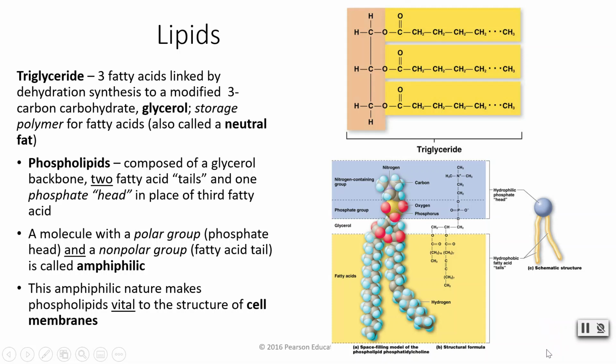Our intracellular fluid would also be full of water, and again, those hydrophilic heads are okay with that. But if we imagine this whole area in the middle with those hydrophobic tails, guess what's not found in there? That's right, there's no water in this area. So this plasma membrane helps us divide the extracellular from the intracellular fluids.